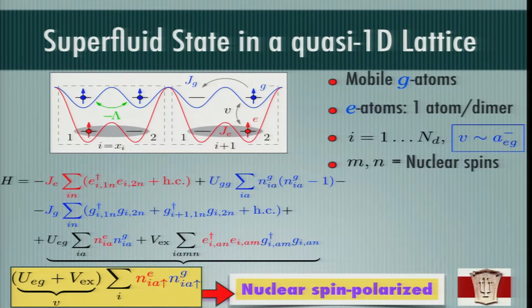So the Hamiltonian that characterizes these different interactions I was talking about involves a kinetic energy of these E atoms, which are moving mostly on this dimer place. Then there is some interaction between these G atoms, of the density type. Then there is kinetic energy, and there is interaction energy between the G and E atoms, and there is also exchange. So in principle, you have all this, and I characterizes the dimer site.